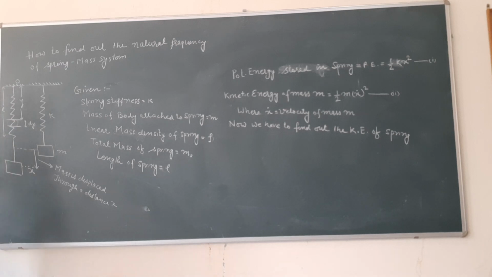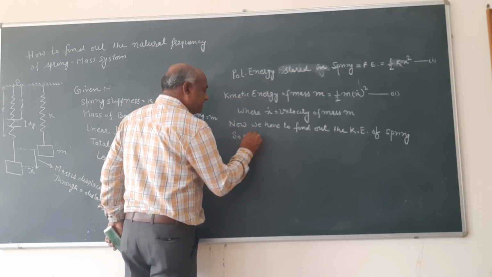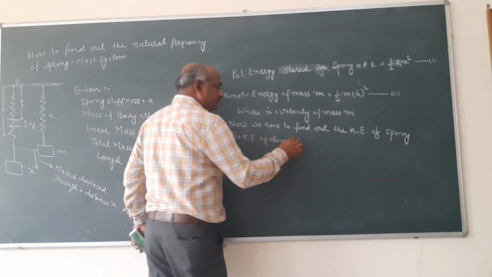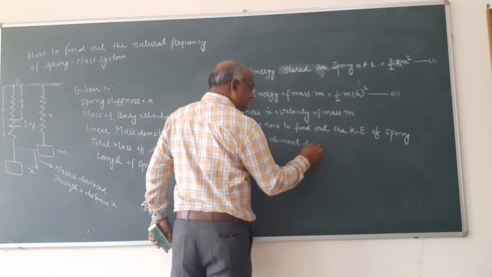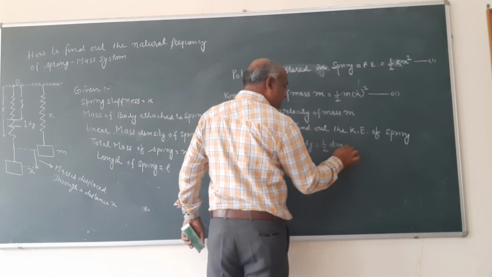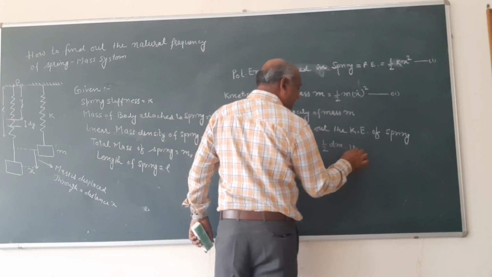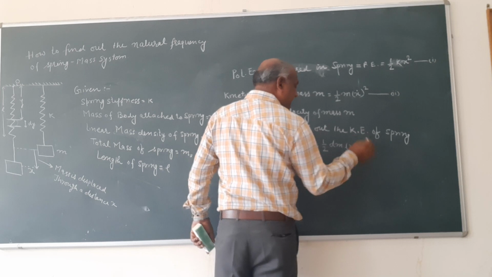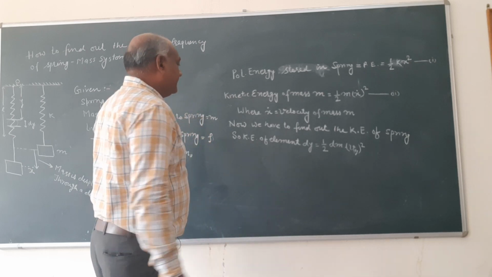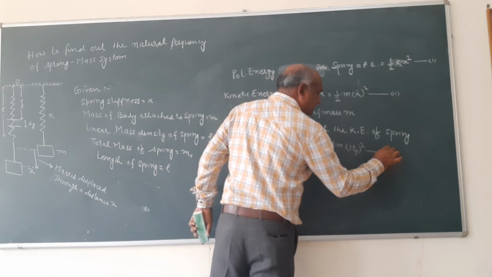Kinetic energy of element dy is equal to half dm into the velocity of element dy, whole square. This is equation number 3.